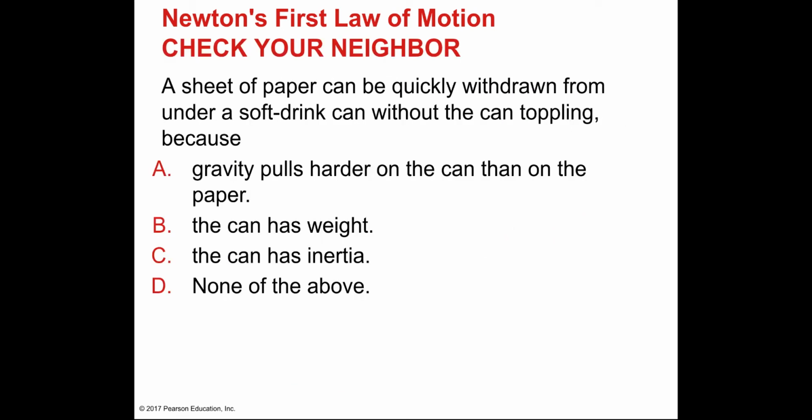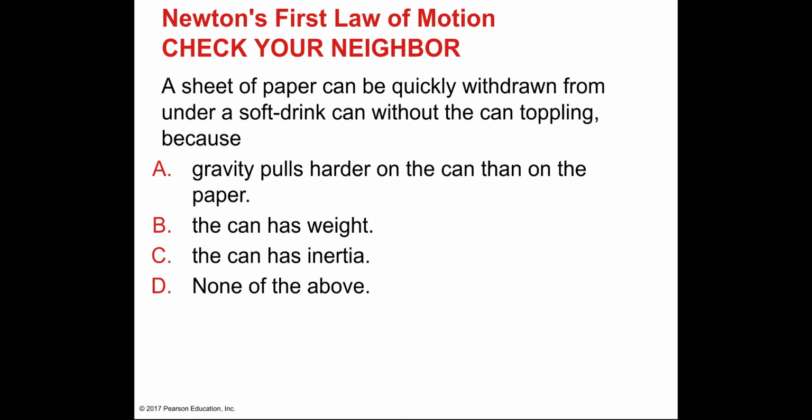Now let's check this. You have a sheet of paper that can be quickly withdrawn from under a soft drink can without the can toppling because: A, gravity pulls harder on the can than on the paper; B, the can has weight; C, the can has inertia; D, none of the above.